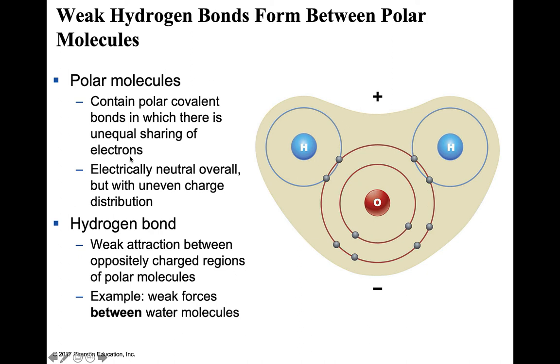Here we know that unlike charges attract. So the negative side of that water molecule will be attracted to the positive side of a nearby water molecule. This forms what we call hydrogen bonds. We generally think of them, once again, as weak forces between water molecules. This results in something known as surface tension, and that's something we'll talk about later.